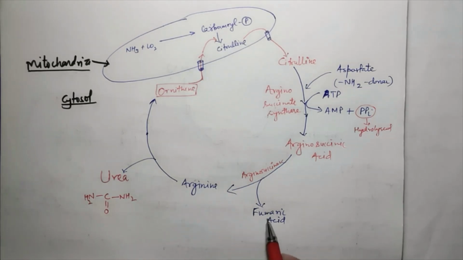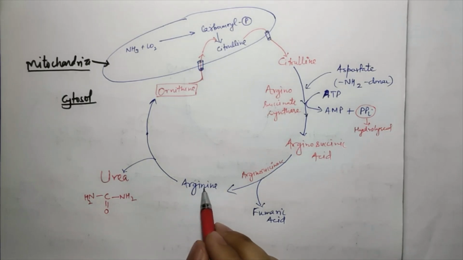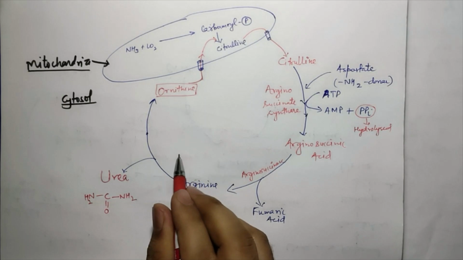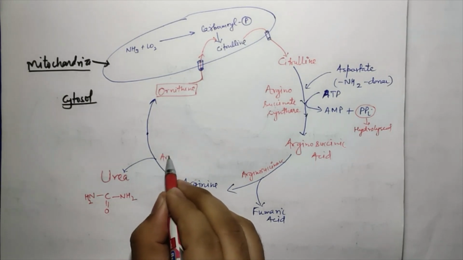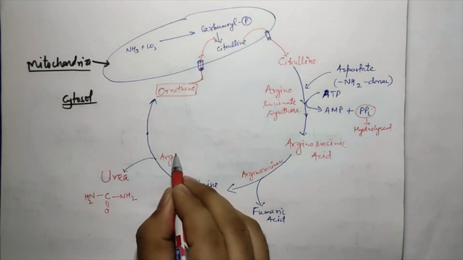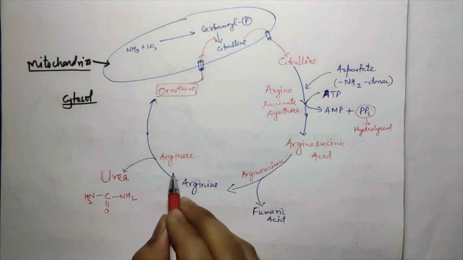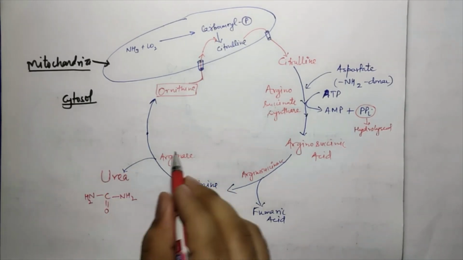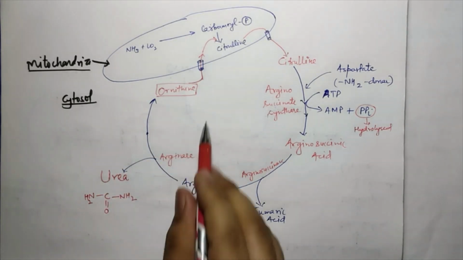These arginine and fumaric acid are subsequently processed. Arginine is subsequently hydrolyzed by an enzyme that is called arginase, and hydrolysis results in release of urea, and subsequently ornithine is recycled.